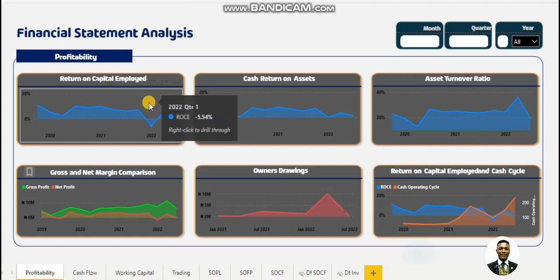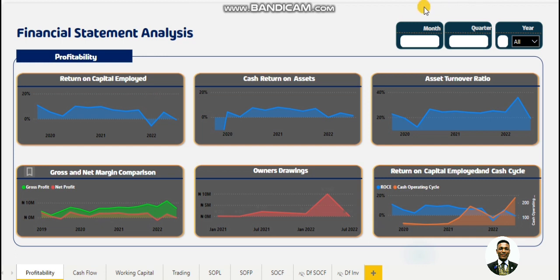The company should look for ways to grow its return, to increase its profit before interest and tax. This way, it will be able to improve its return on capital employed.